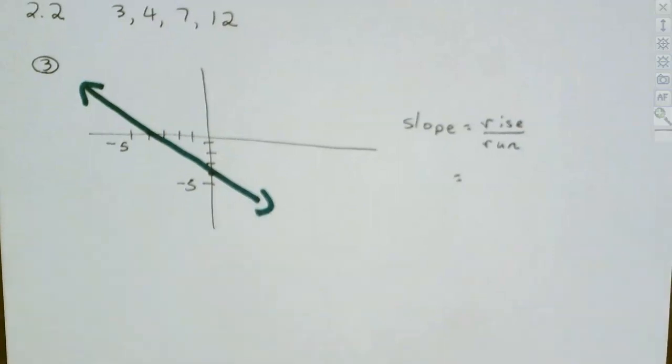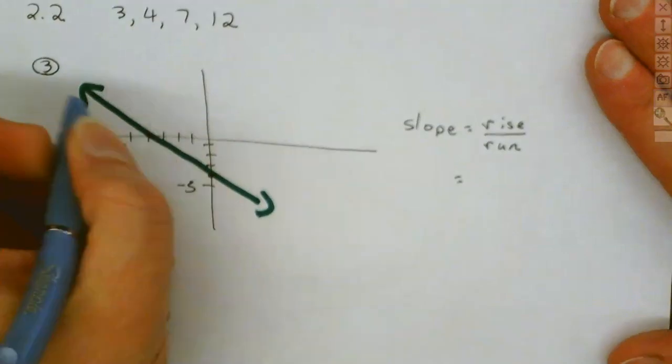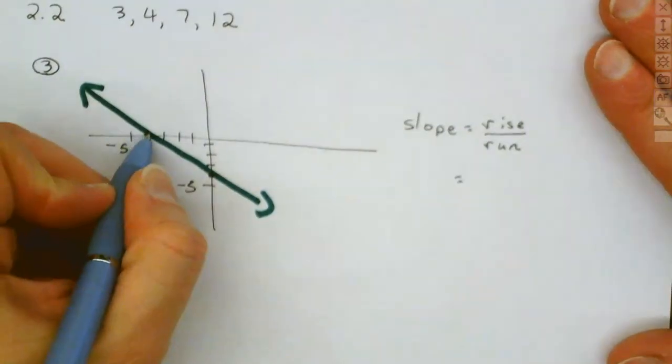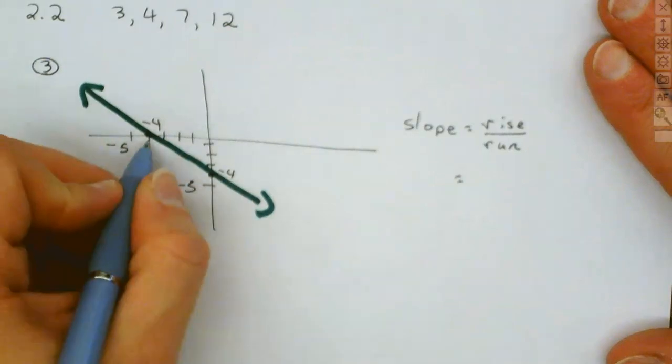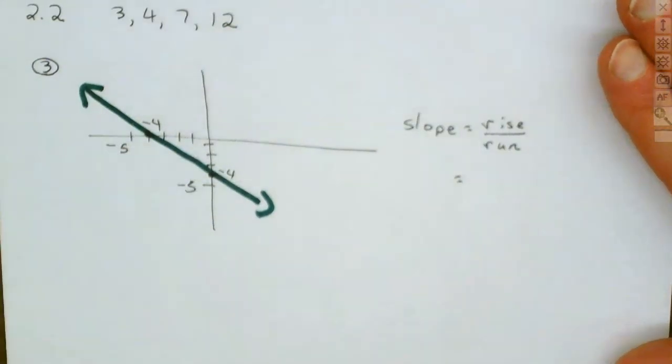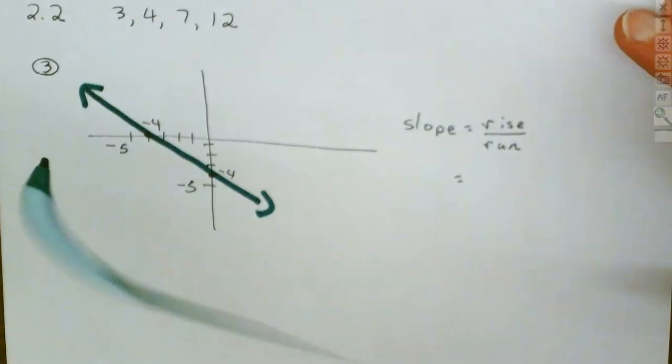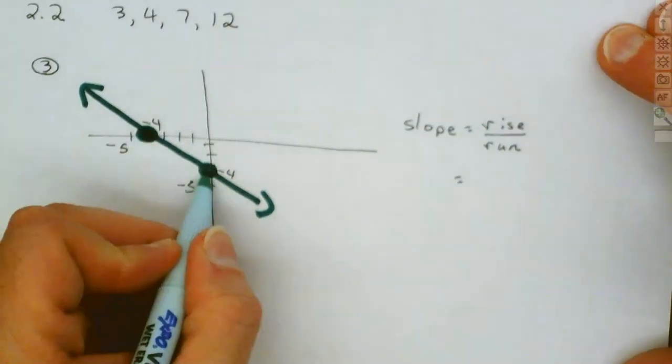Now the slope is a ratio, so that's a fraction of the rise over the run. So let's figure out our rise and our run here. Where I start is going to be right about here and here, right? -4 and -4. So how do I get from this point, right here on the graph, to this point?